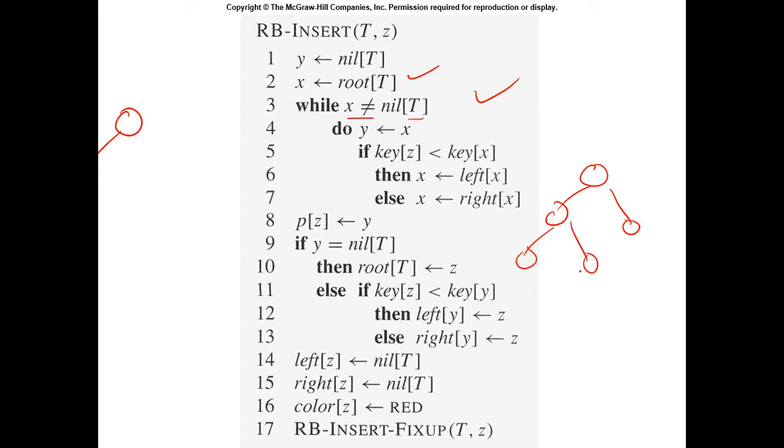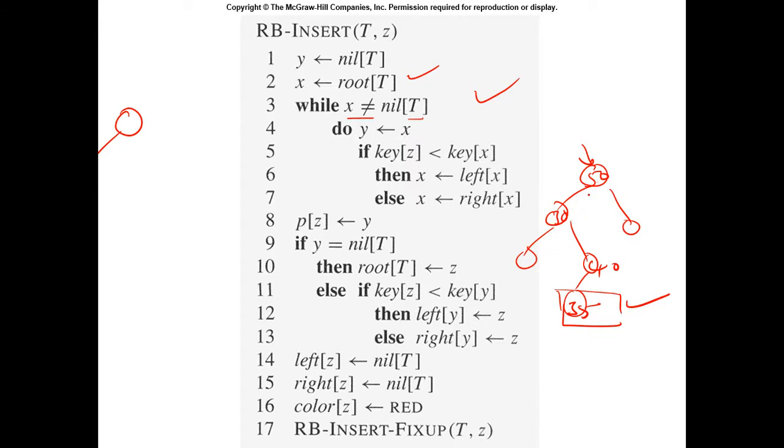Let us say you want to insert a new node here. You have 50, 30, let us say 40, and this is 35. Let us say 35 has to be inserted. So how do you insert? You will start from root first. You start from root and then search for the position.